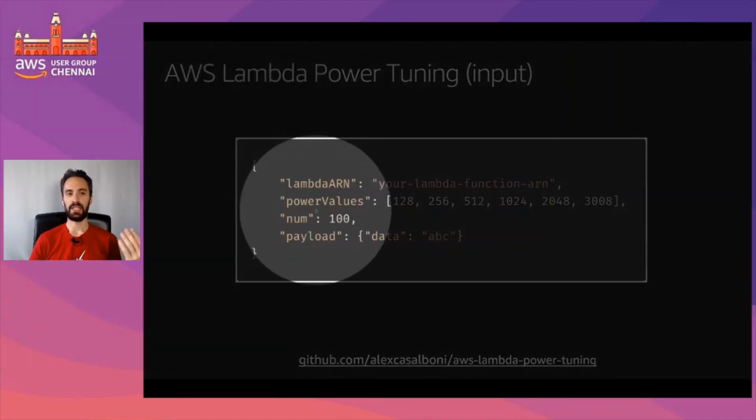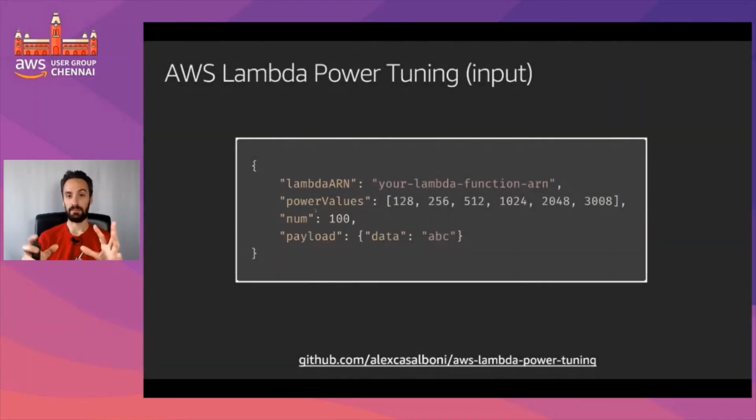So you specify your Lambda function. And before I go there, all of this runs in your AWS account. So you take the project either as a SAR application or as a SAM, CloudFormation template, and you deploy it to your account, and then you can use it. It's using step functions under the hood. So it's a state machine, and you can inspect it visually and so on.